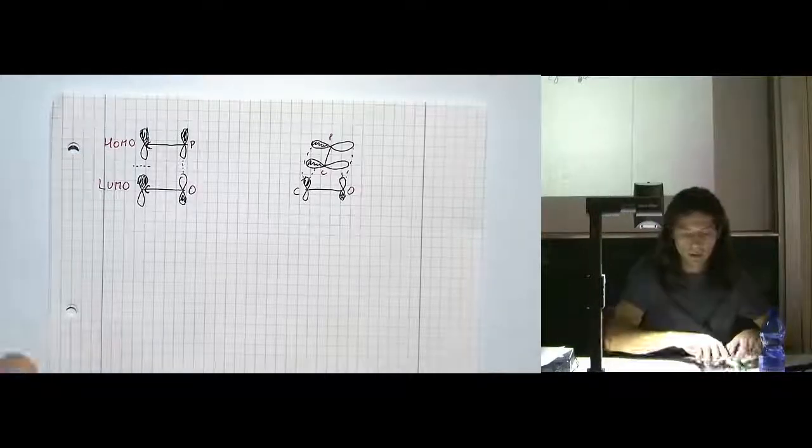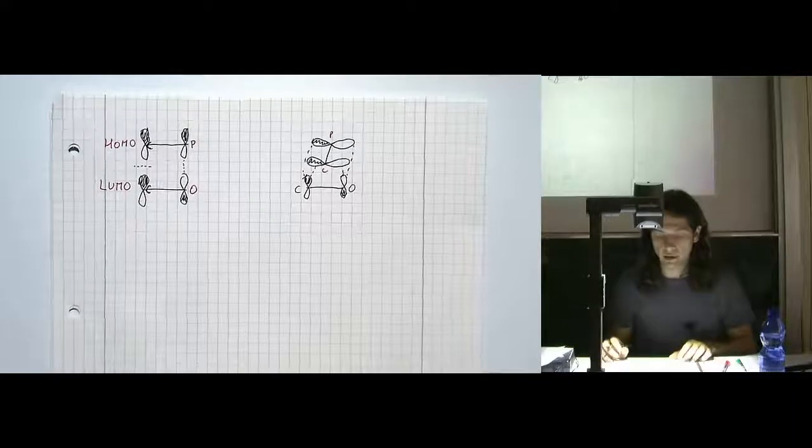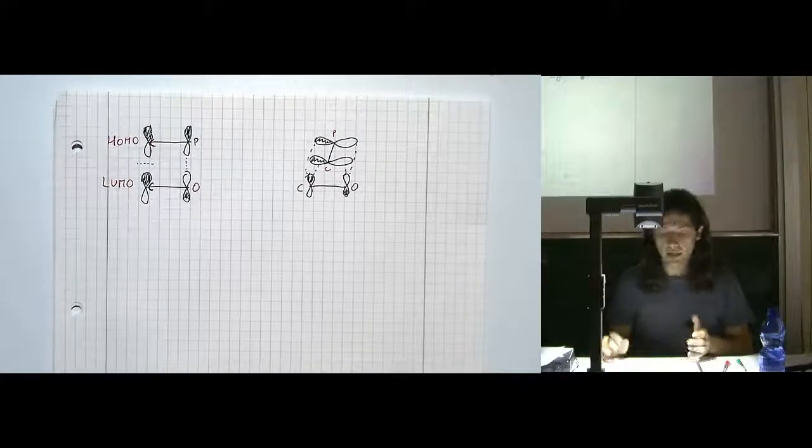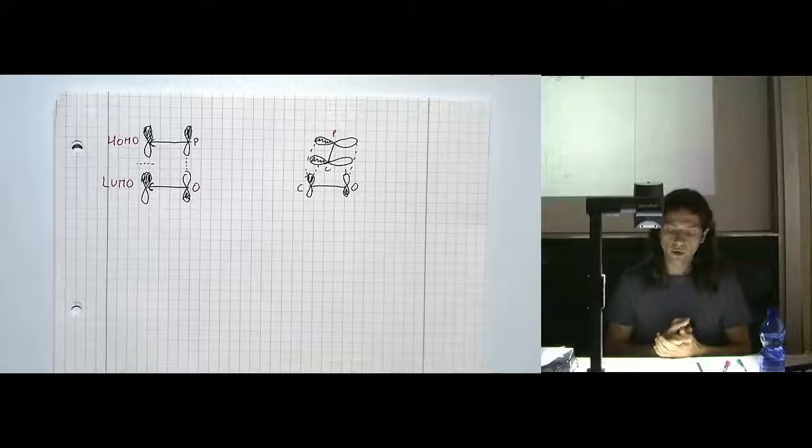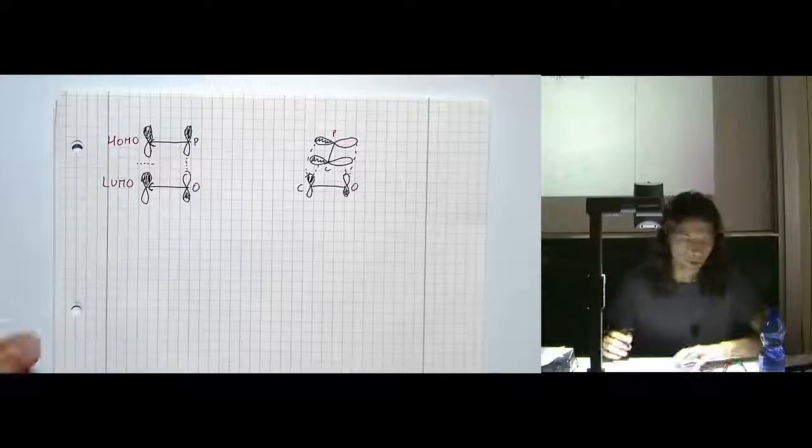So the final stereochemistry can be seen easily if we draw the structure of the approximation of both components.